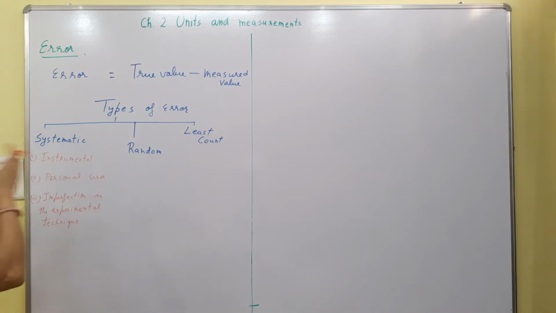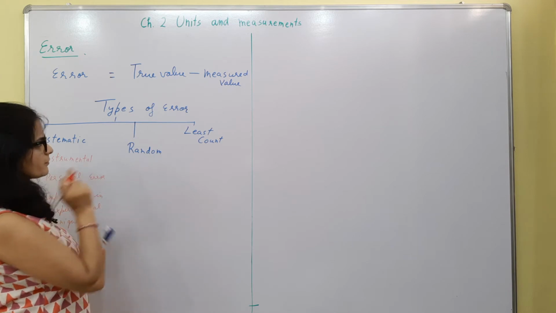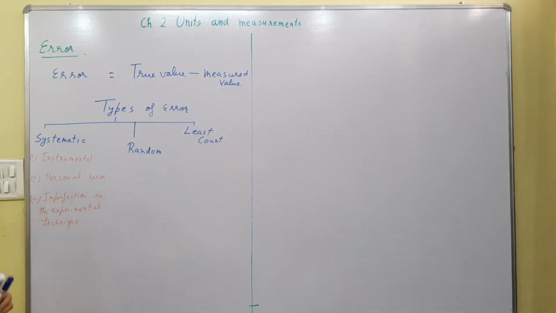Then we have random errors. Random errors have no further subdivision, and least count error does not have any subdivision as such.